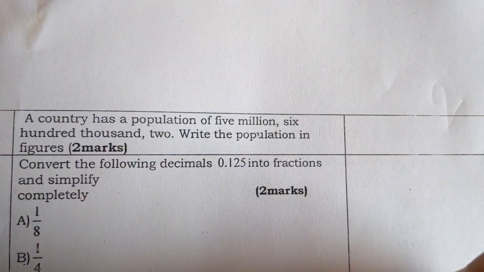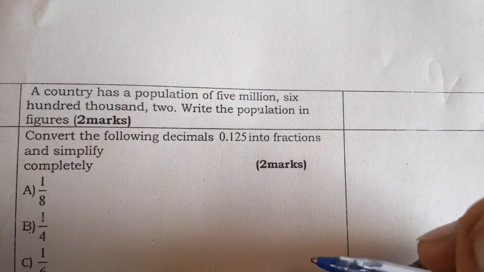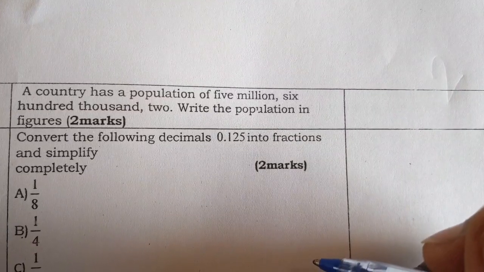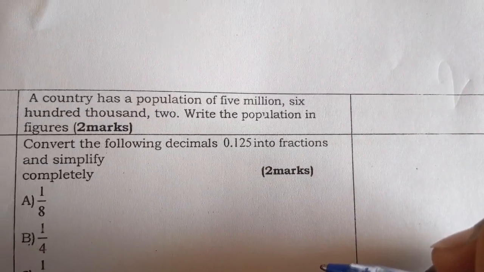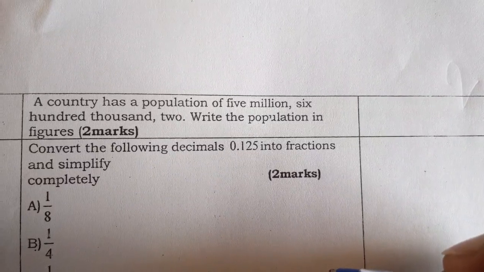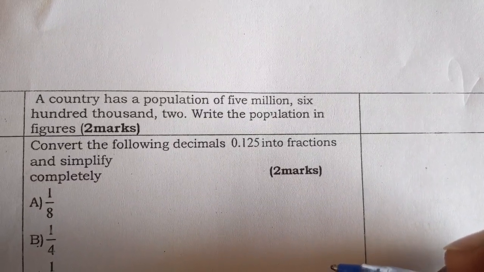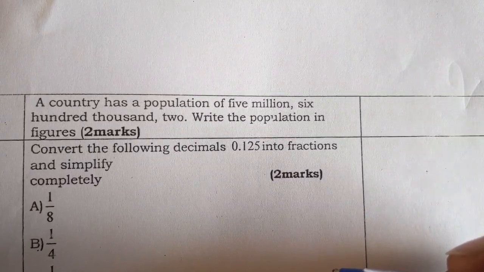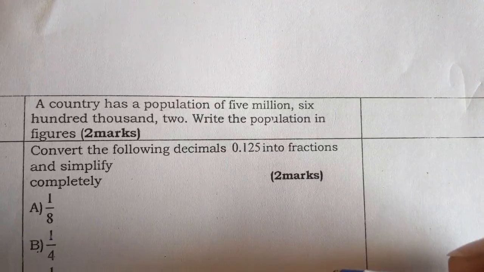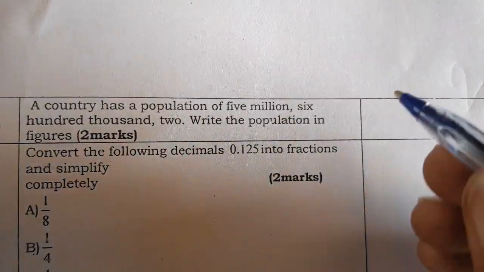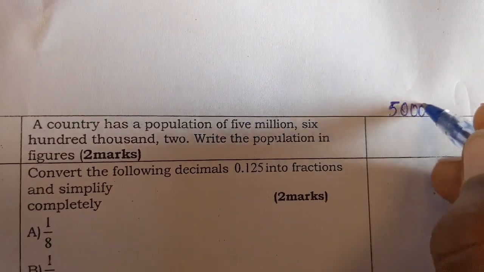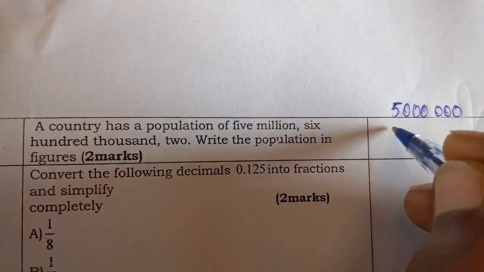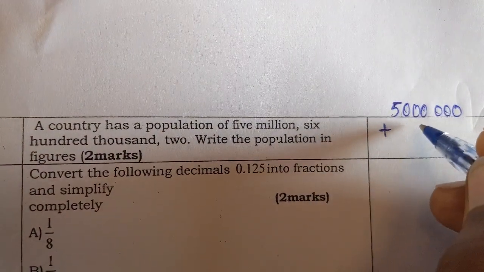I also have a question here. They said a country has a population of 5,600,002, write the population in figures. Here the trick is to write 5,000,000 itself, 6,000 itself, and 2, and then I add. This is 5,000,000, then plus 6,000.